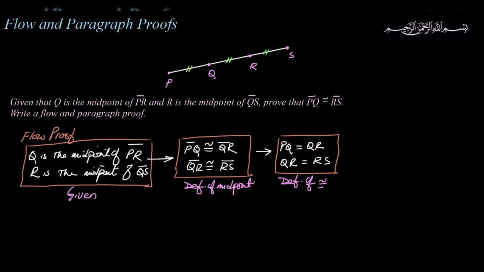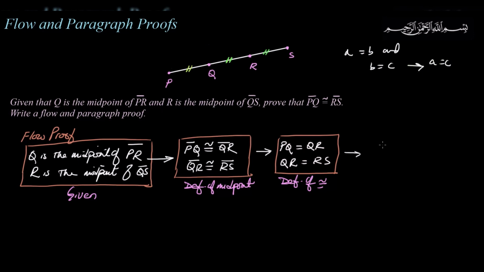Now, why do I do this? Because so far I only know properties of real numbers. I do not know properties of other things yet. But now you see PQ is equal to QR, then QR is equal to RS. That sounds familiar. If A is equal to B and B is equal to C, then A is equal to C, doesn't it?